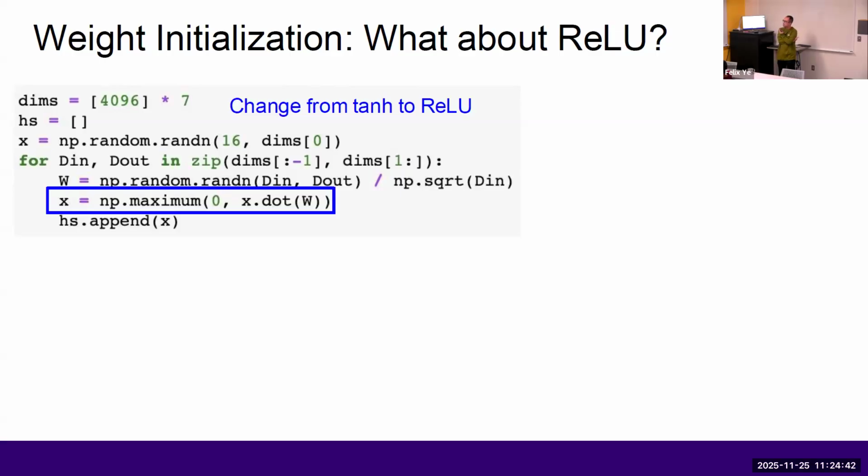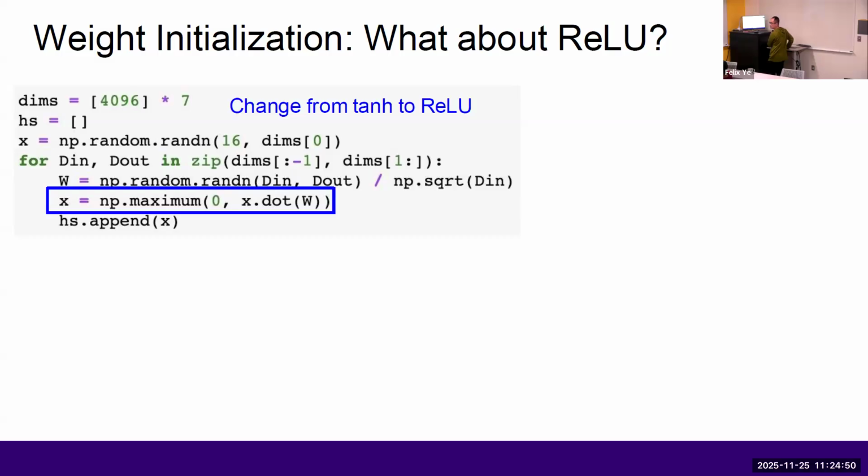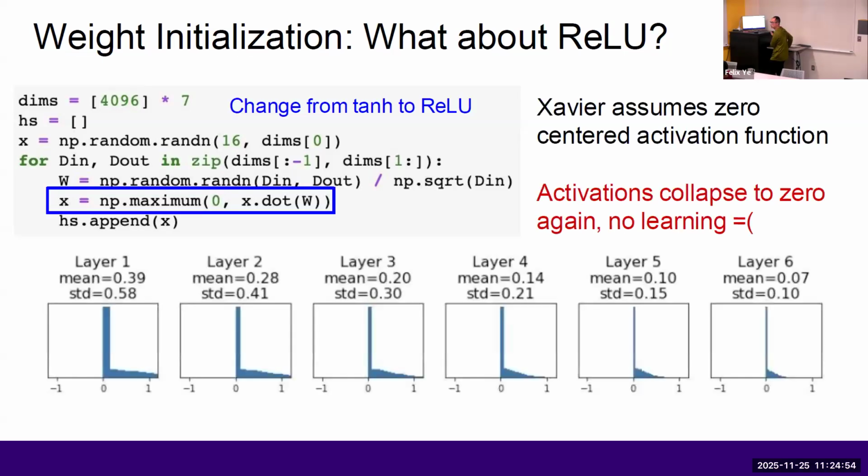But if we change everything, and I want to remind you, right here we are using hyperbolic tangent. If we change to ReLU and use the same Xavier, it actually is wrong. Everything will concentrate at 0. There will be no learning.